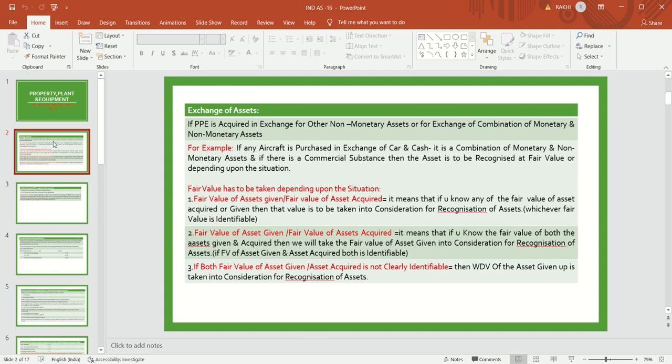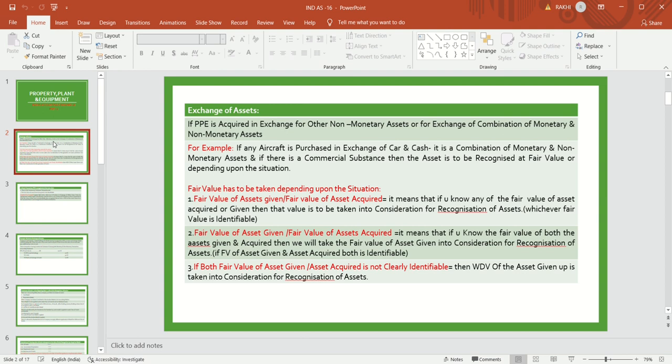But if an aircraft is purchased in exchange of a car, it has a commercial substance, because these two assets have a different nature of use, they are different classes of assets. If the assets have a different class and nature, then that transaction has a commercial substance.